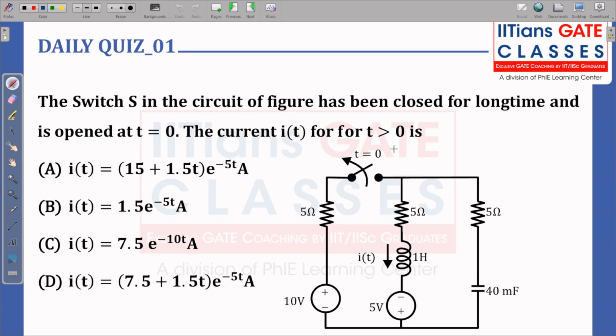So over here, if you see, this switch was closed from t equal to minus infinite to t equal to 0 minus. At t equal to 0, this switch is open. So first, if we want to find out the transient condition, let us try to find the current through this inductor at 0 minus.